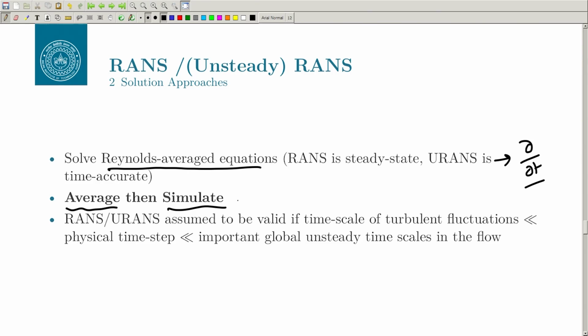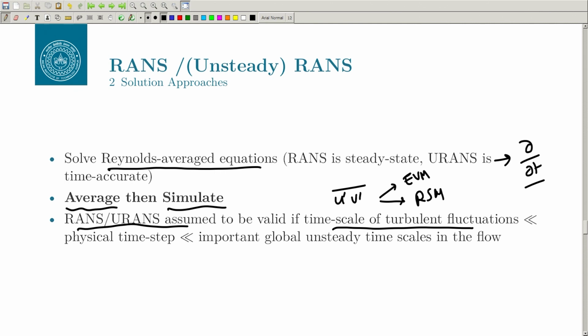So, you will have this u prime v prime bar that you need to model, and that is where you can employ your eddy viscosity model or your Reynolds stress model to overcome the closure problem. This is typically considered valid if the time scale of the turbulent fluctuations is much less than the physical time step, and that physical time step should be much less than the global unsteady time scale.